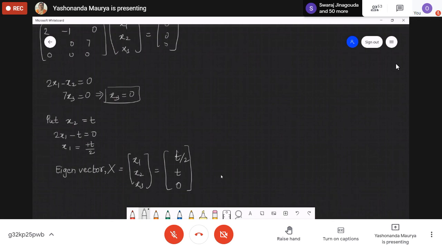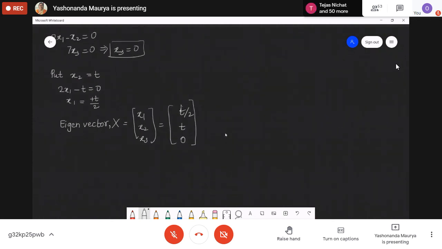So what value of t can be selected over here? Any value. In particular, I can take 1. In that case, it will be half, 1, 0. Or I can put t equal to, say, 2. Therefore, my x will be 2 divided by 2, so that will be 1, 2, and 0. Okay. So this is the eigenvector corresponding to x2.